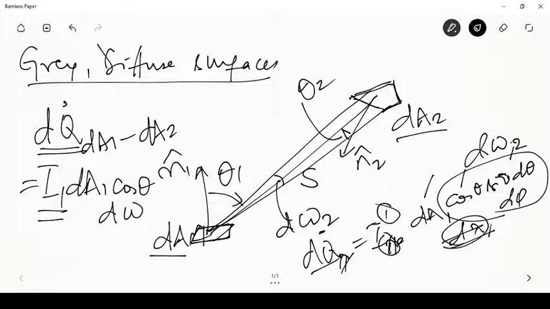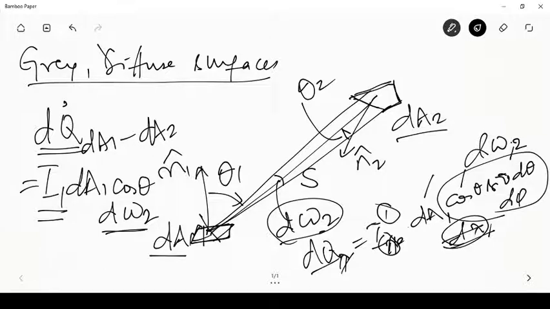So I1 multiplied by dA1 cos theta, that is the projected area in that direction, into d omega 2, which is the solid angle subtended by surface 2 in that direction of emission from surface 1.